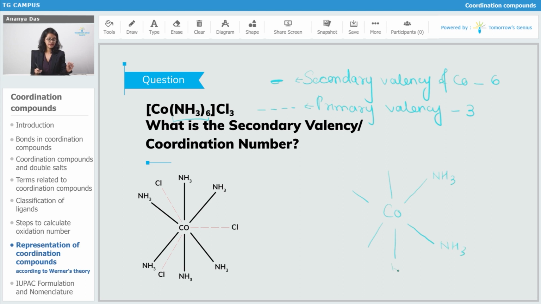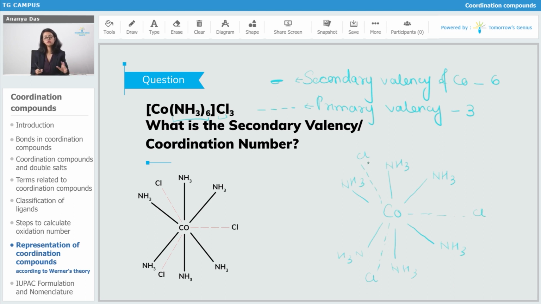So just write NH3 after all the 6 solid lines. Now the primary valency is 3 and it is satisfied by 3 chlorines. The primary valency is shown by dashed lines, and you just write chlorine at the end of it. So this is Werner's representation of Co(NH3)6 Cl3.